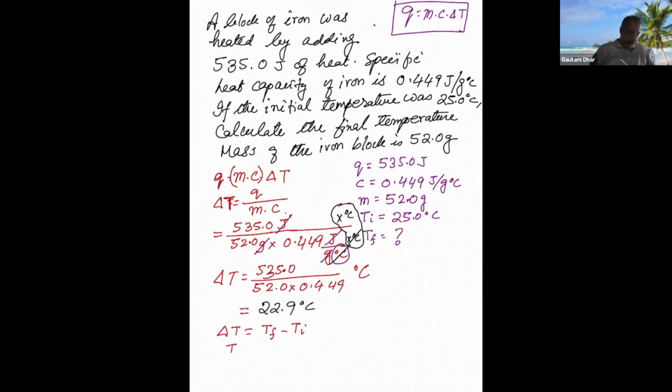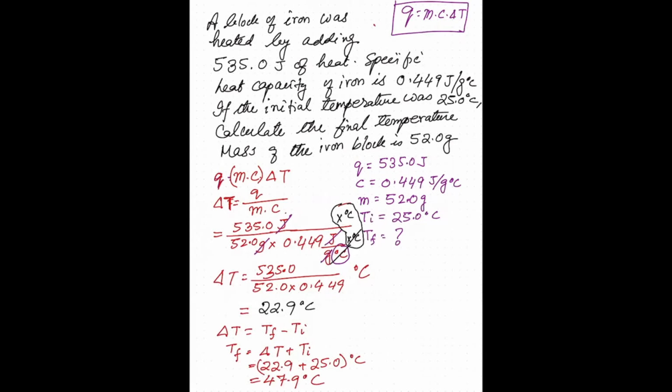So TF is equal to delta T plus TI. My delta T is 22.9, and my TI is 25.0, all in degrees centigrade. And so the correct answer is 47.9.